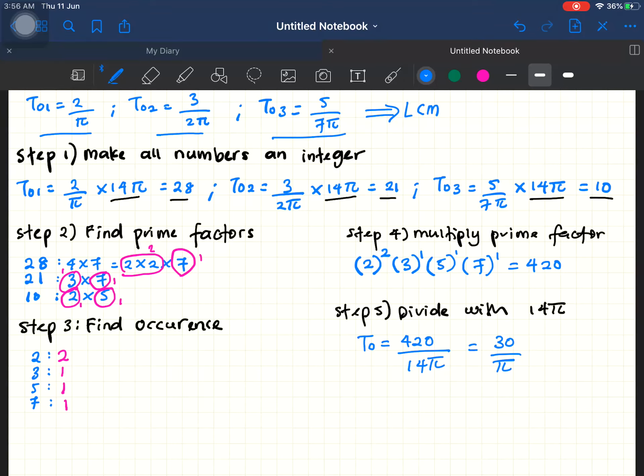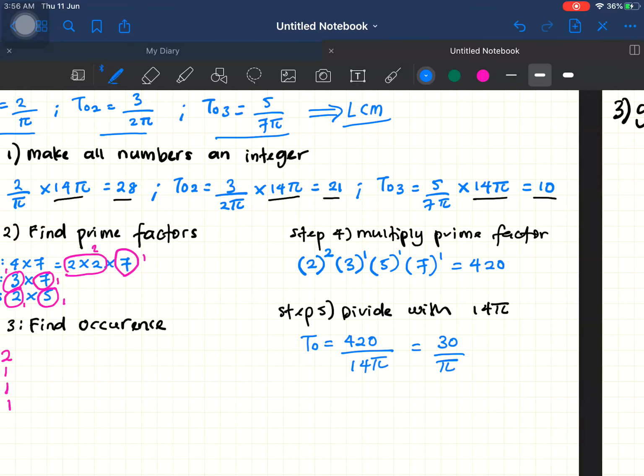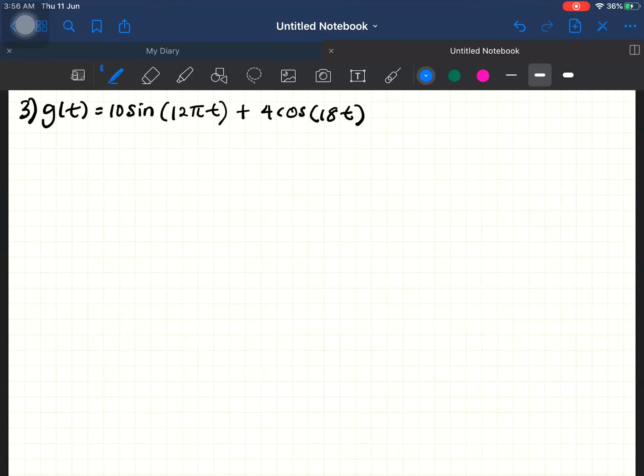Okay, so I hope this one is clear on how to apply least common multiple to find the fundamental period. Okay, now let's have a look at the third example, or the third problem, which is this equation. Now again, you can see that g(t) is the result of summing a sine function and a cosine function.